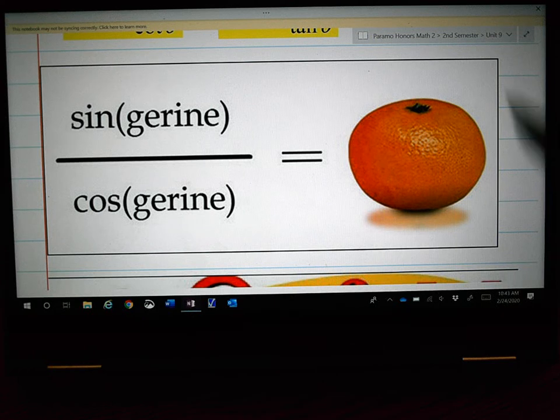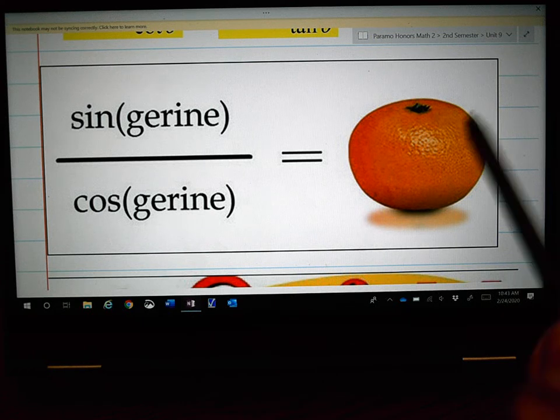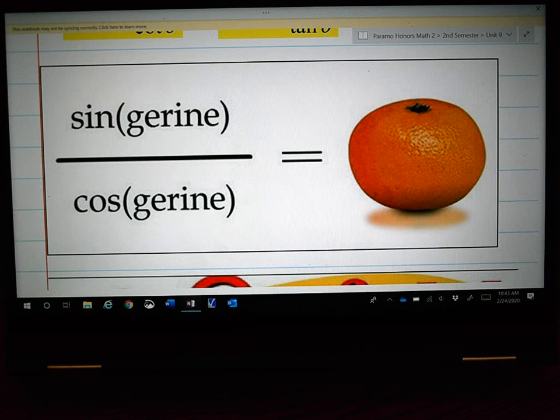You all know what the answer is now, I hope, using a quotient identity. It's equal to, say the answer out loud. Oh, isn't that wonderful? It's great. You are now smart enough to understand this first picture joke. And what you used is something called a quotient identity.